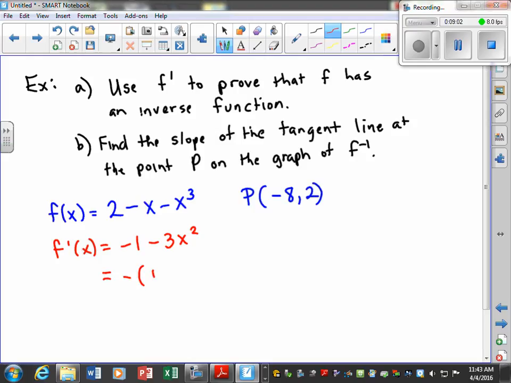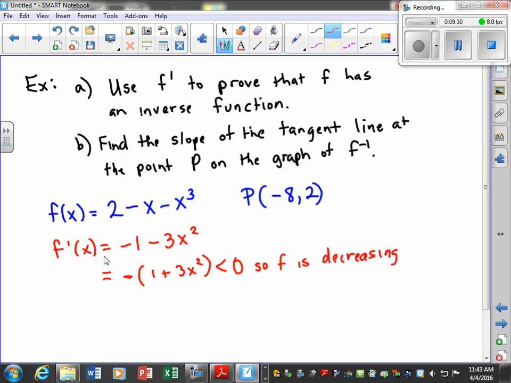So that's just going to be negative times 1 plus 3x squared. Because we can see that this entire term is going to be negative. That just means less than 0. So that tells us that f is decreasing. And it's continuous and decreasing. Therefore, f inverse exists. So we know f inverse exists.